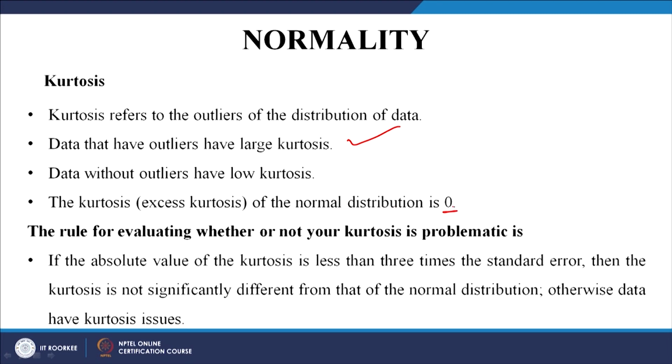The rule for evaluating whether or not your kurtosis is problematic is, if the absolute value of the kurtosis is less than 3 times the standard error, 3 sigma, then it is not significantly different from that of the normal distribution, otherwise the distribution has kurtotic issues.